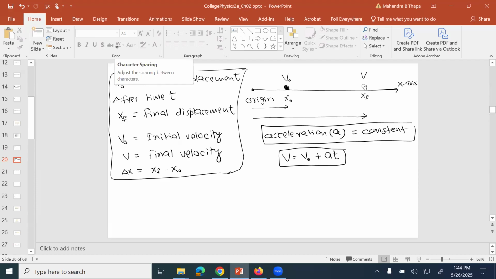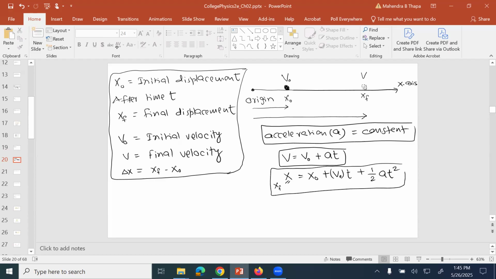And another equation we can use is x, or x final, they are the same thing, equals x initial plus v naught times t plus half a t squared. The second equation we can use like this.